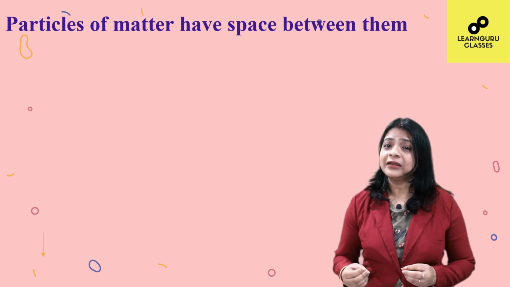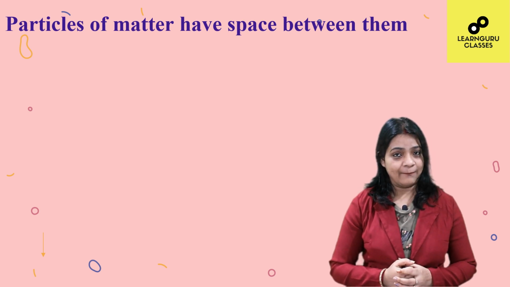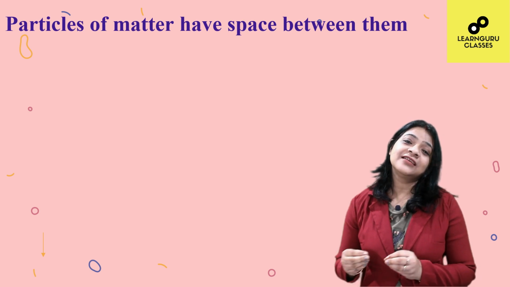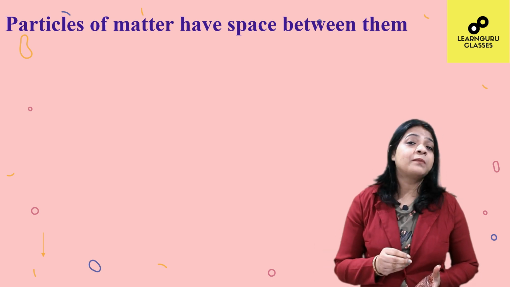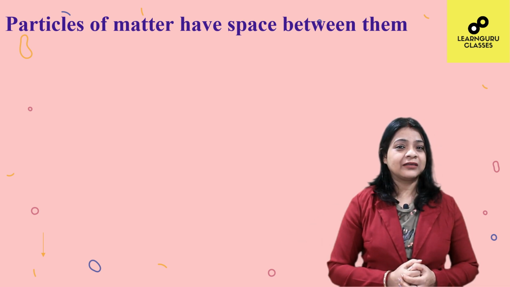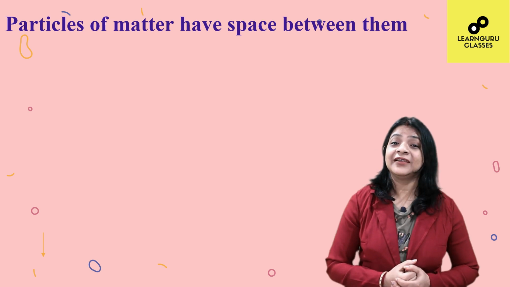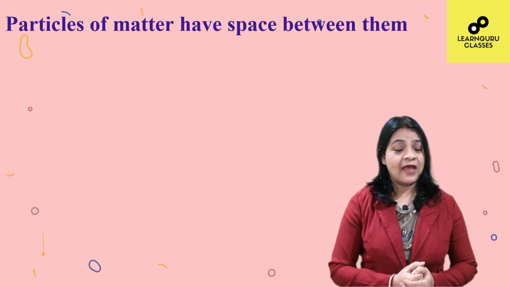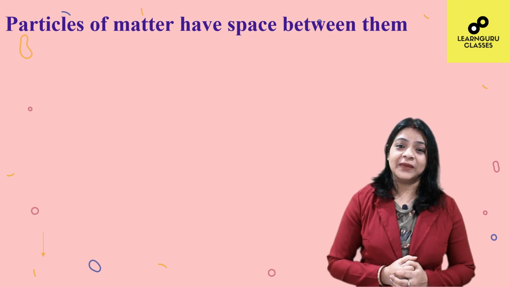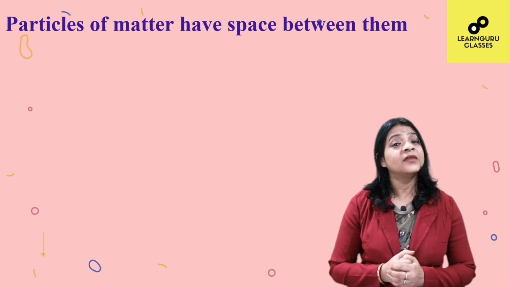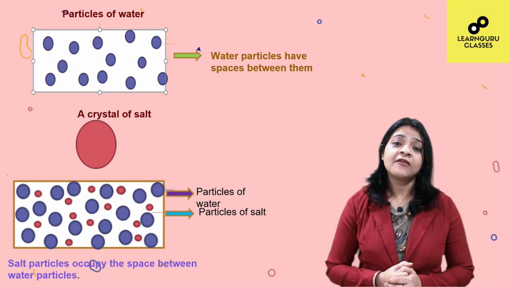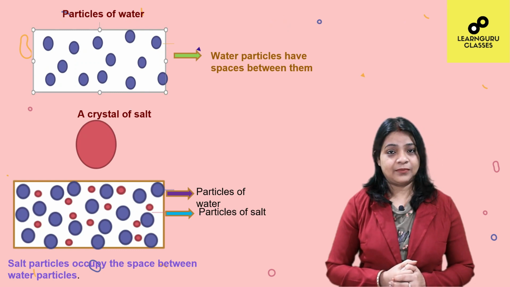So the water particles have spaces between them, and when salt is added to water, salt breaks into particles, and these particles occupy the spaces between the water particles, and thus salt completely dissolves in water, and that's why the level of water is not being affected. So from this we can say that particles of matter have spaces between them.